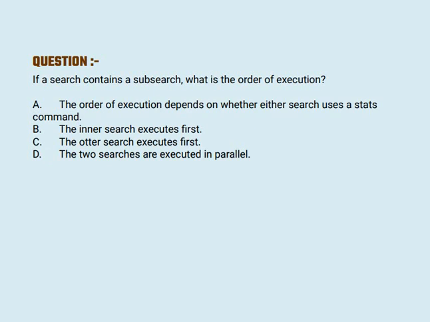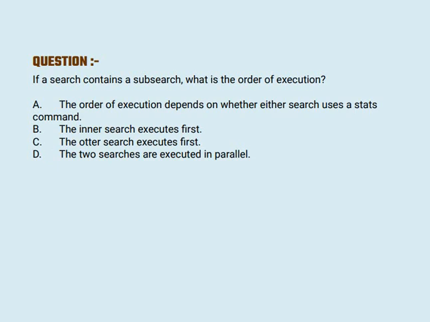Next question is, if a search contains a subsearch, what is the order of execution? Option A, the order of execution depends on whether either search uses a stats command.